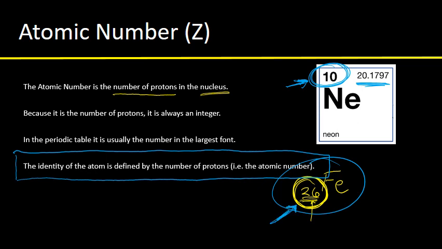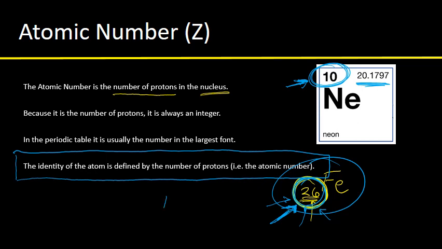You'll see in a minute that we can have atoms with different numbers of neutrons and different numbers of electrons, but for any atom of iron, it's always going to have 26 protons. And the fact that it's an iron atom is actually defined by this 26. If it had any number of protons other than 26, then it wouldn't be iron anymore, right?